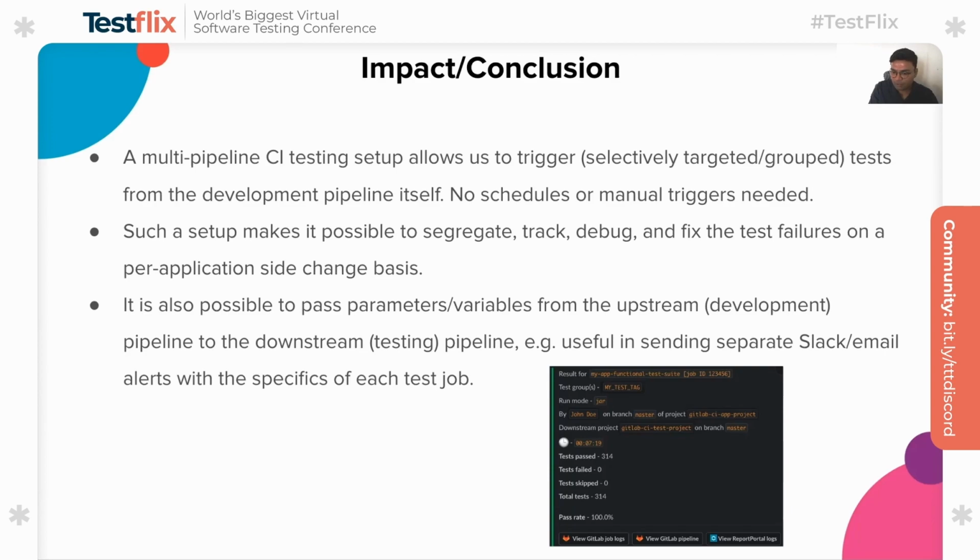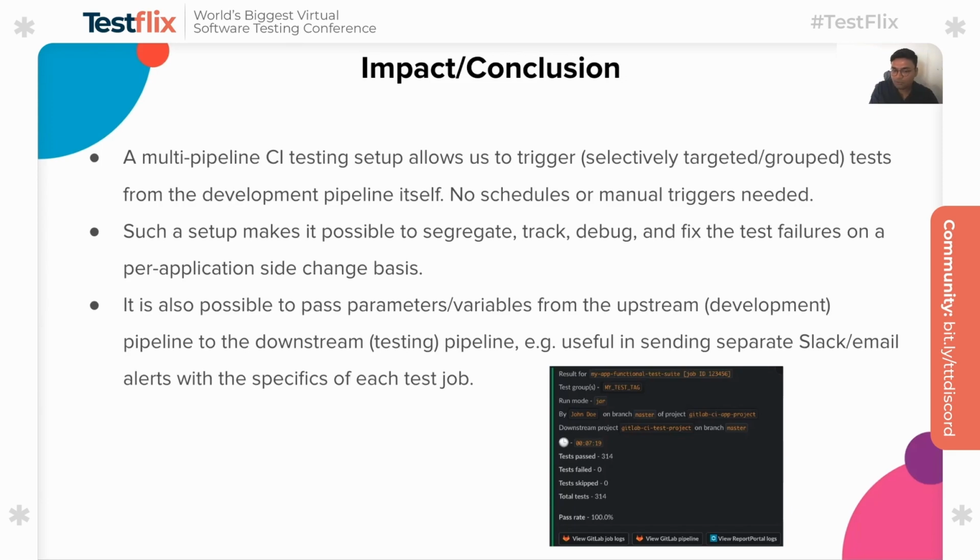And then there are a bunch of other things like who the pipeline was triggered by, and on which branch of the application project. We are also logging extra details like the branch on the downstream pipeline and the name of the downstream pipeline project, and a few other testing statistics which are seen here.